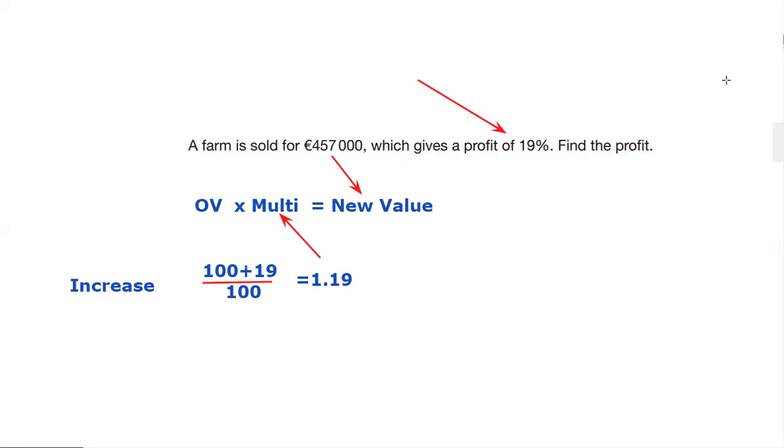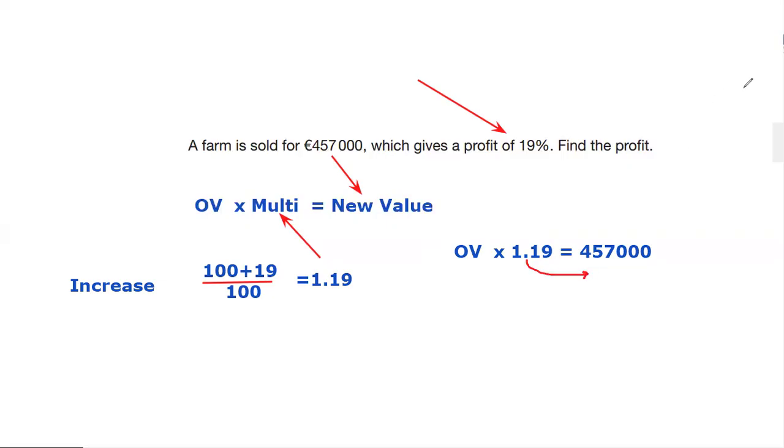Good. Now let's follow the same rule or formula. So the OV, the original value, multiplied by 1.19 will give me the new value, which is 457,000. Now, I want to make OV the subject, or I want the original value to be the subject, and this one is multiplied by it, so I'm going to take it by dividing.